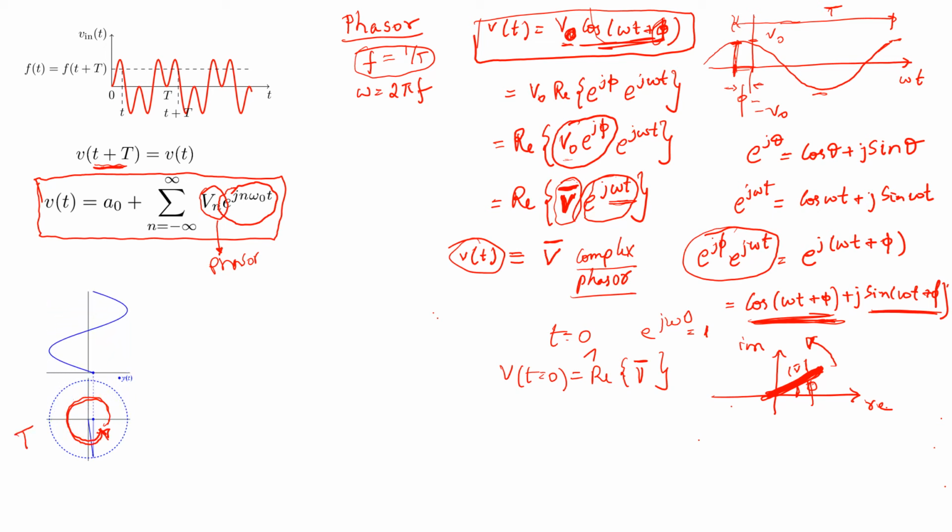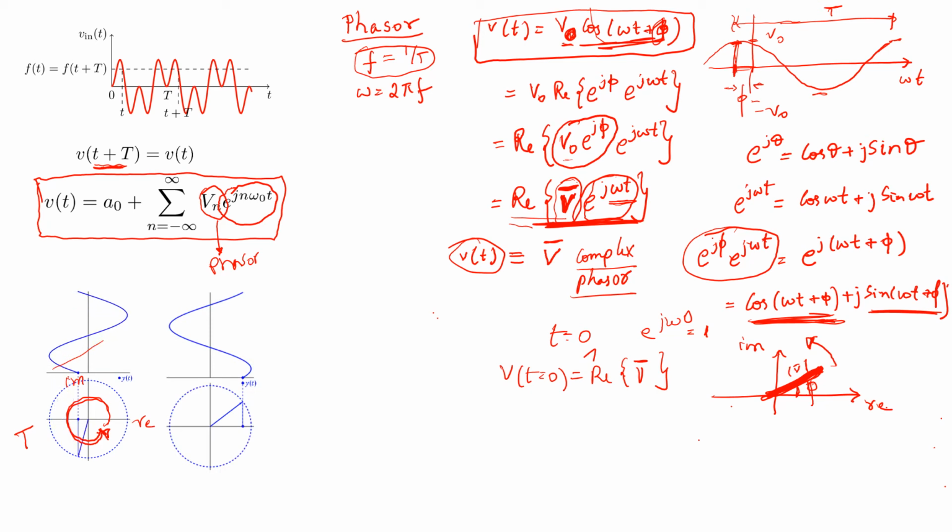Now, since we are taking the real part of the phasor times e power j omega t, if we were to project this phasor onto the real axis, this being the real axis and this being the imaginary axis, at any point of time, you recover the periodic signal, as you can see in this animation.